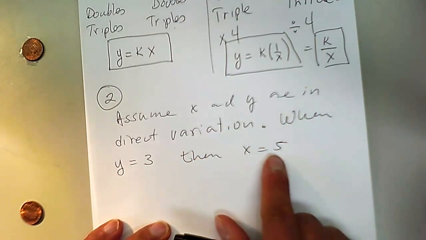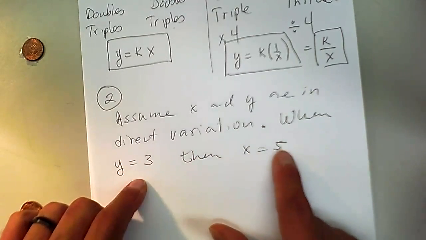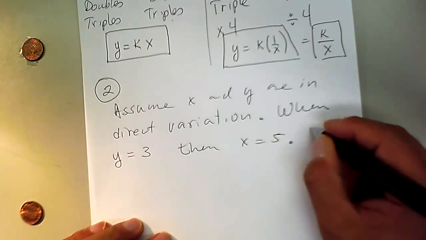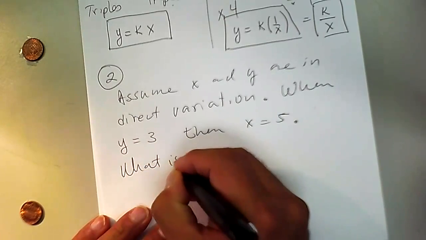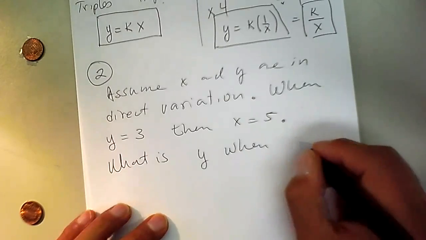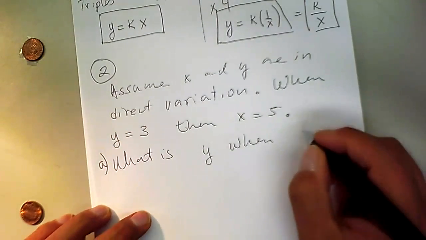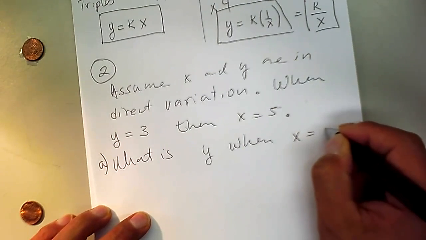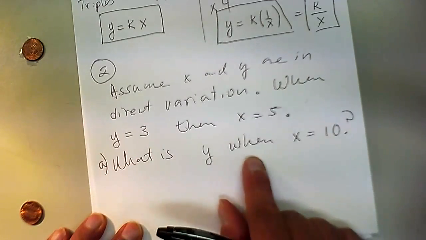Or sometimes they say when x equals 5, then y equals 3. It doesn't matter. The point is that the two of them are together, period. So then we can ask, what is y when, okay, let's do two parts. Part A, which is going to be super duper easy, when x is 10? So what is y when x is 10?